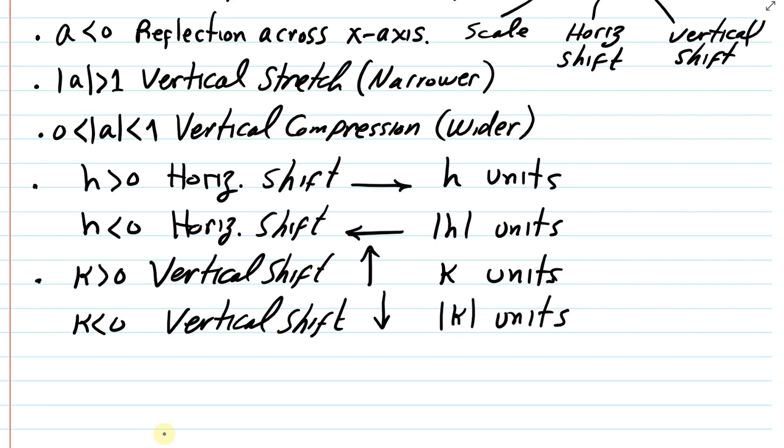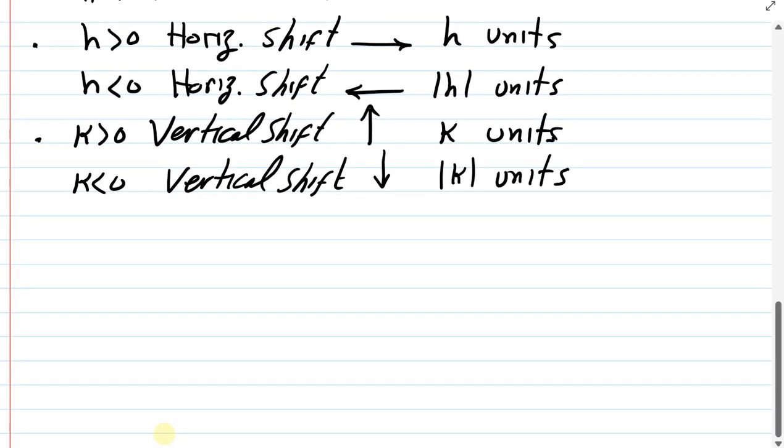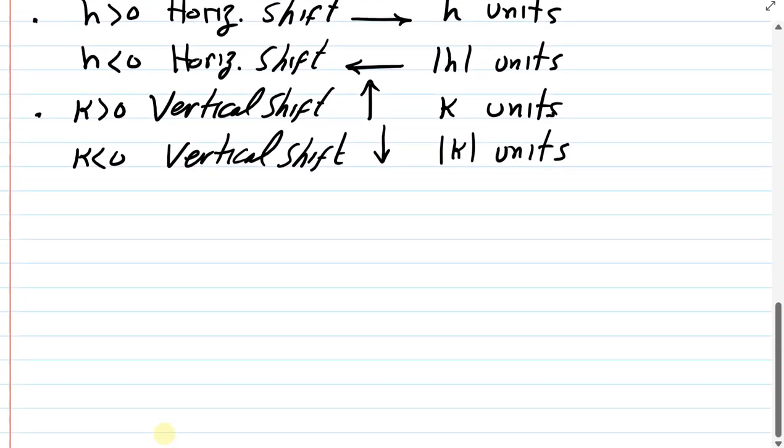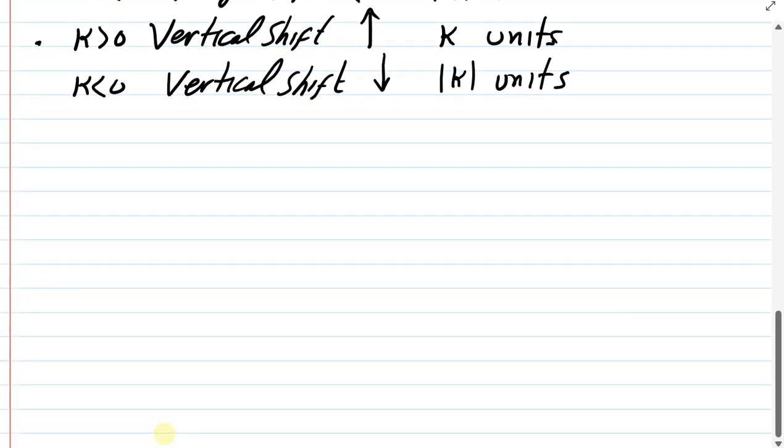So if k is negative 5, then the graph moves down 5 units, not negative 5 units. The down movement accounts for the negative. Okay, so that would be the second objective. This is the effect on the general power functions, on the polynomials.